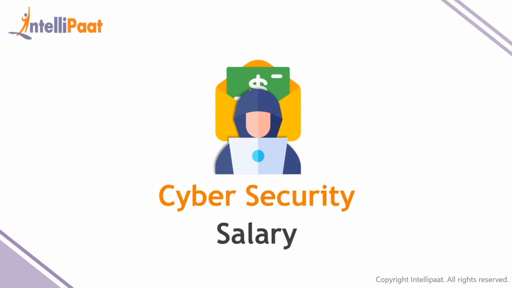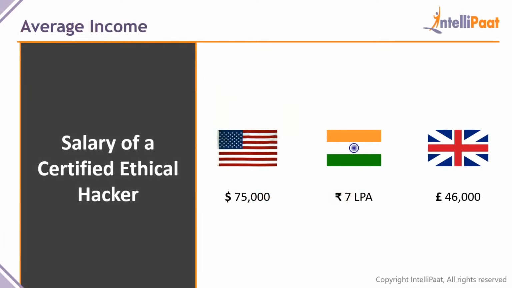So let us look at the salary of a cybersecurity professional. If you are a certified ethical hacker, which is a course that Intellipaat provides training for, you can get the certification. This is from the EC Council. It's called the CEH Ethical Hacker Certification.